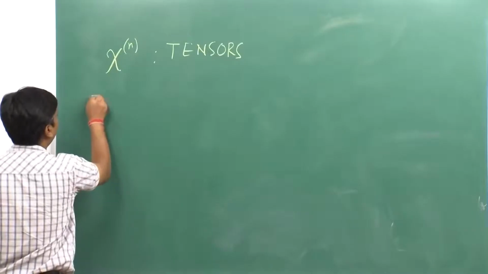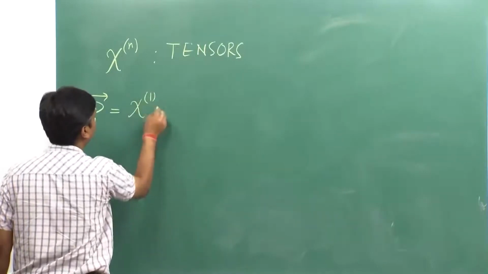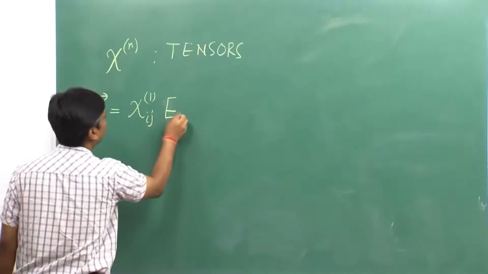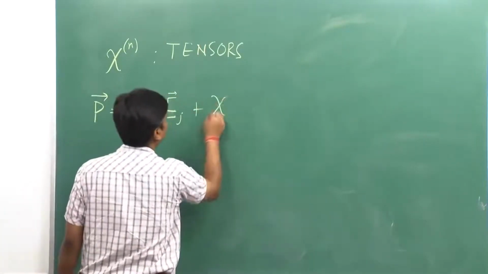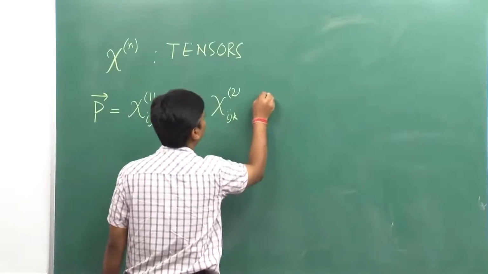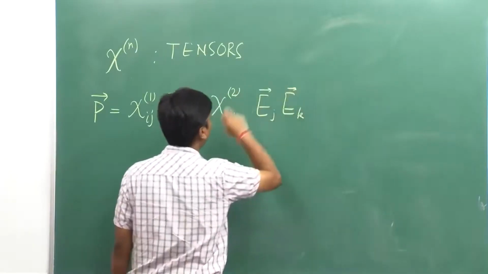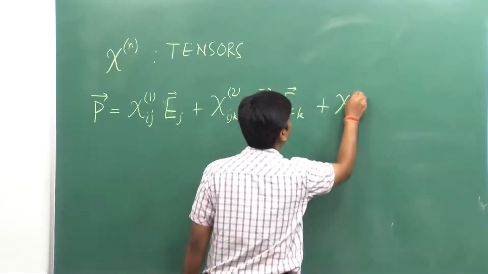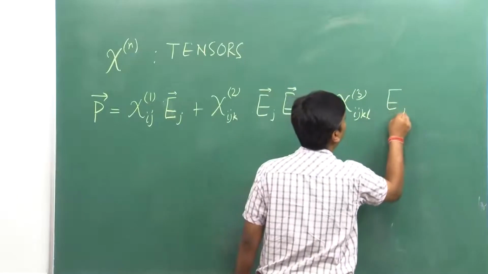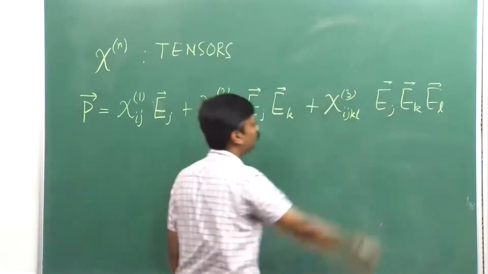Now I have polarization equal to chi of first order E, plus chi of second order E_j E_k, plus chi of third order, and so on.